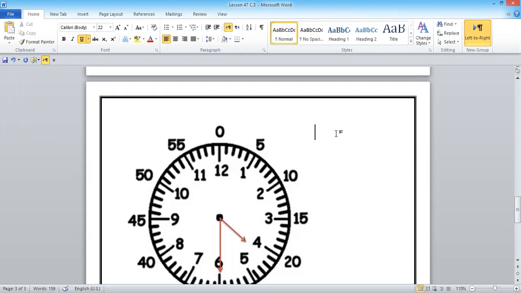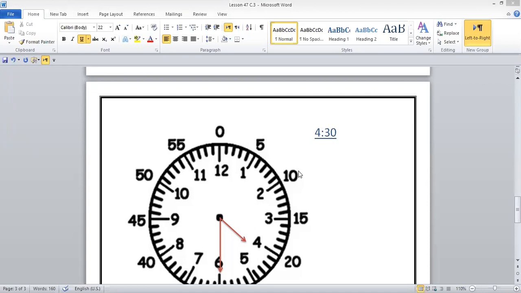Tell me what to write first. 4, then the colon sign, then 30. Okay, thank you. Ahmad Yusuf is saying like this. Let me take one more student.